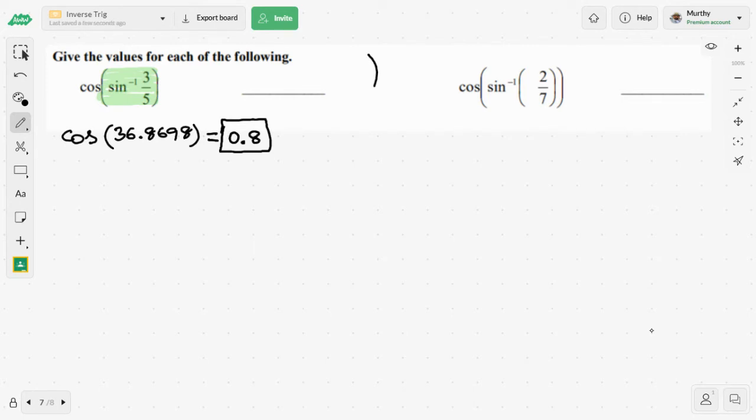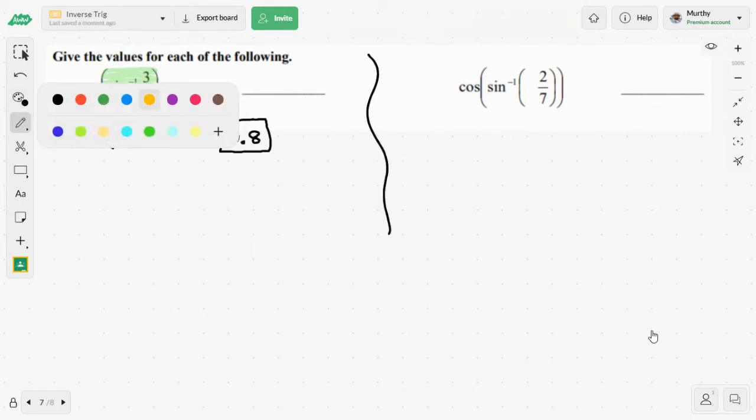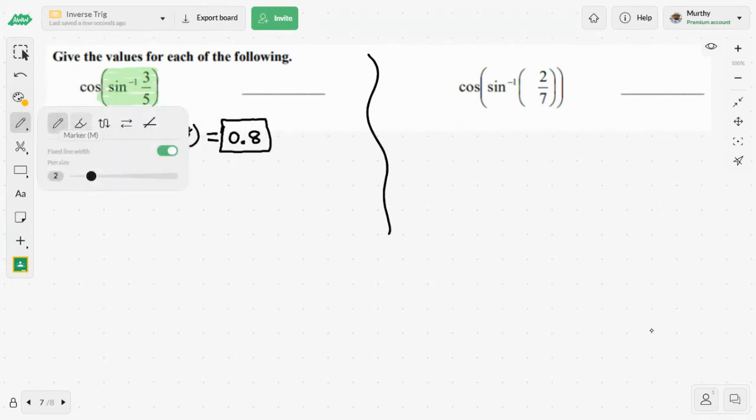Okay, so there are two parts here. What you are supposed to do is first solve what is inside the parenthesis. Suppose you take the next part, sine inverse 2 over 7, that is to be computed.